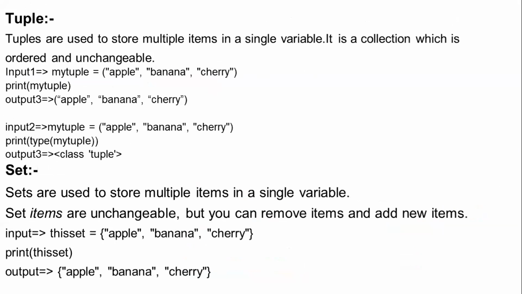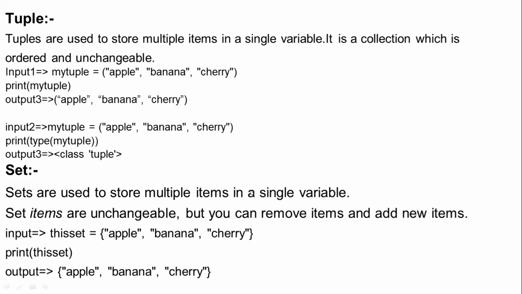Tuples are used to store multiple items in a single variable. It is a collection which is ordered and unchangeable. So input is my tuple: apple, banana, cherry. Print my tuple. It will be so similar to an array. So tuples are used to store multiple items in a single variable. It is a collection which is ordered and unchangeable. As of now, let's know till here.